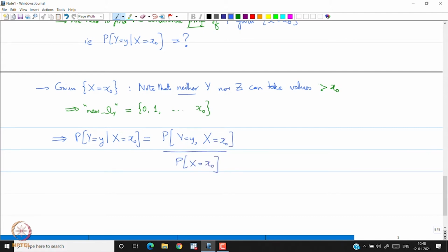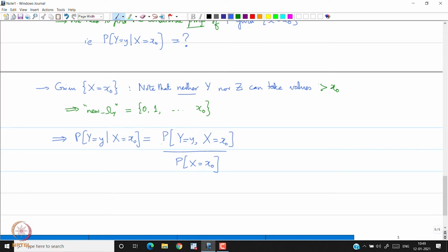This is the standard definition of conditional probability that we all know. Now here we have both the numerator and denominator. We know that the denominator's probability comes from the Poisson distribution. The numerator is what we have to calculate.